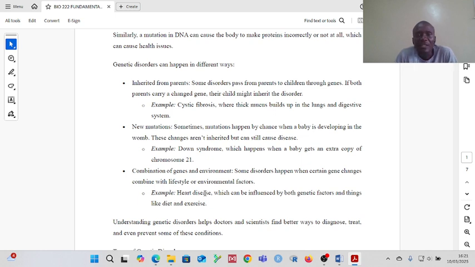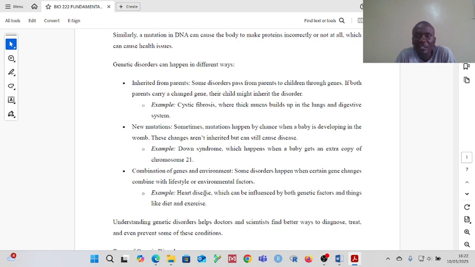For the disorder to be inherited, it means that both parents should carry the changed gene, the mutated gene.